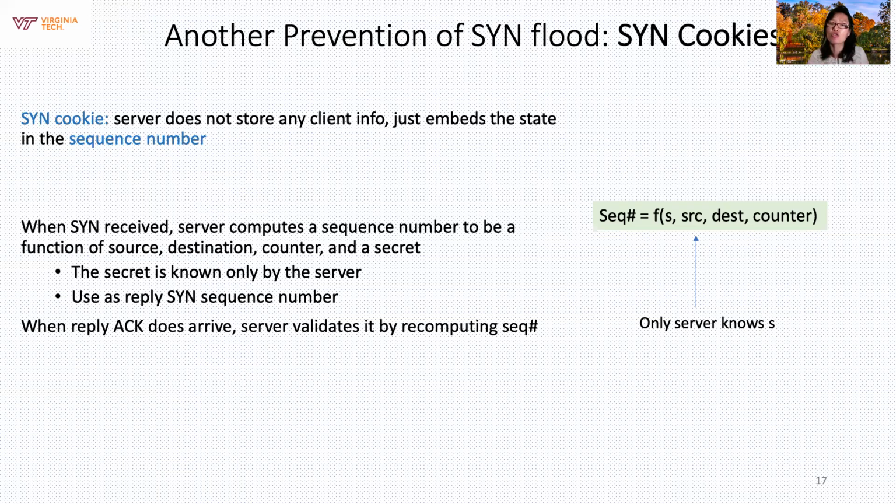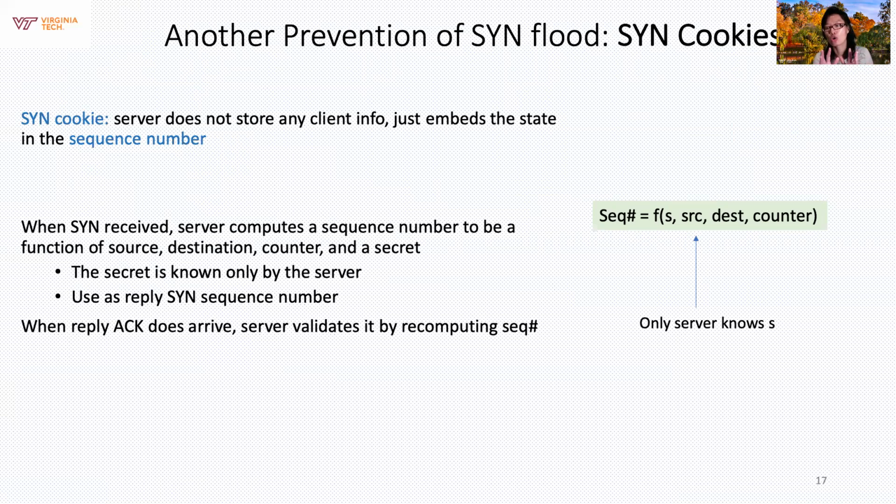If you completely drop everything, erase everything, how could you confirm that this is indeed a valid SYN ACK request? The beauty of SYN cookie is that the special sequence number generated by the server is special. It's a function of the client information and a special secret only the server knows.